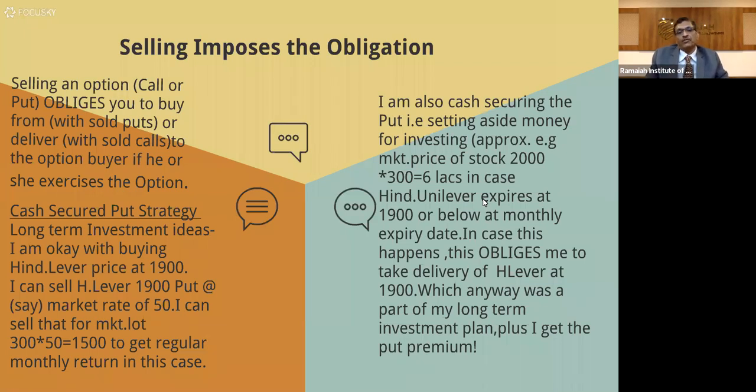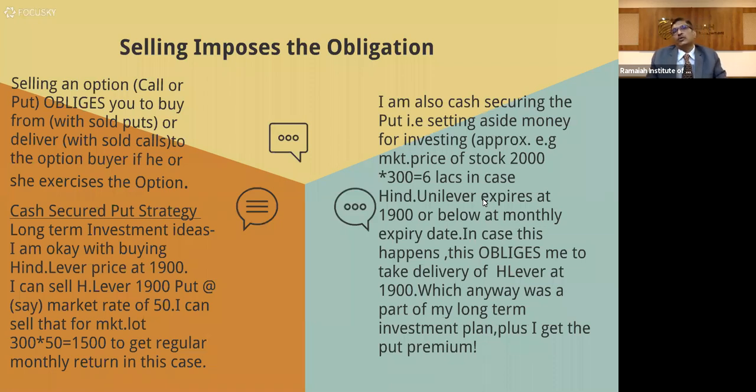If the stock goes up above 1900, it's currently around, I think yesterday I saw it was 2100 odd, but it has moved in the range of 1800 to 2600 in the last 3 months. Whatever happens, it obliges me to take the delivery, but I get a monthly income. If it is above 1900, I don't really care because I'm getting my regular income. So this is one of the ways you can have a cash secured put strategy.